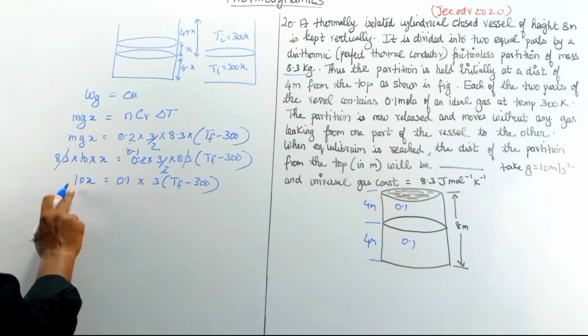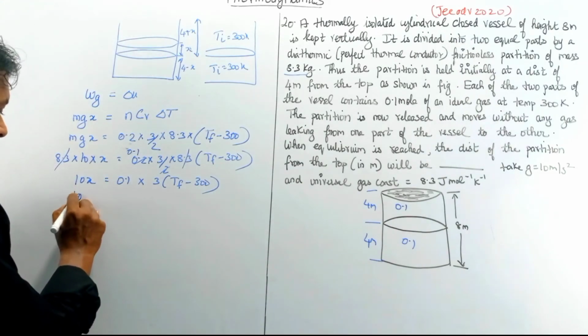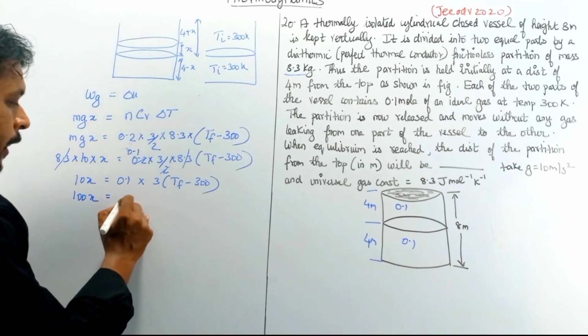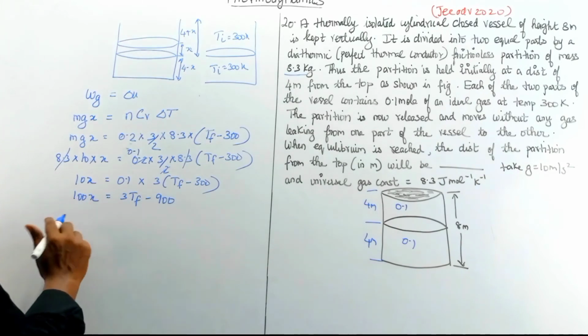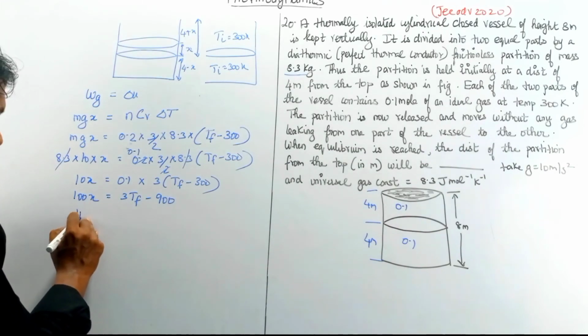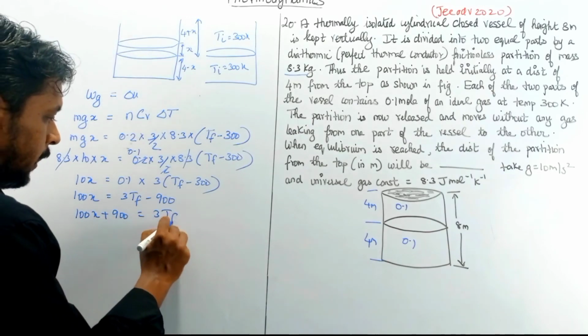Taking the 0.1 to this side, 100x equals 3 TF minus 900. Taking 900 to this side, 100x plus 900 equals 3 TF.